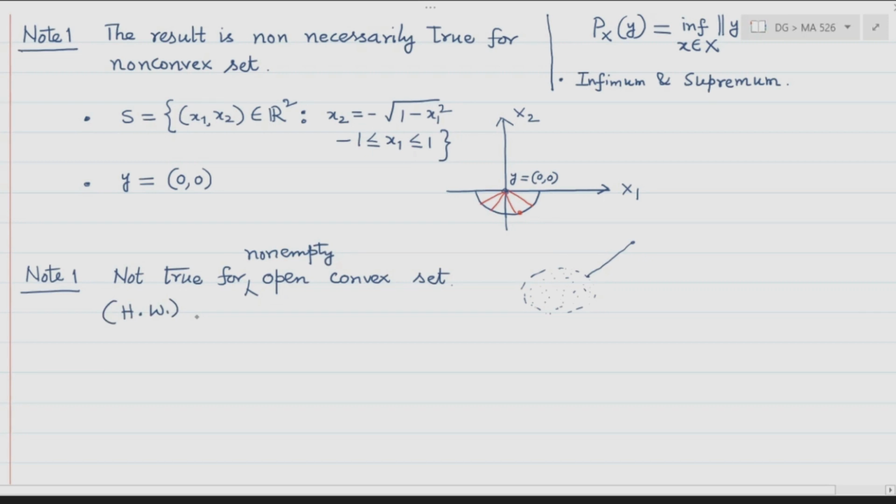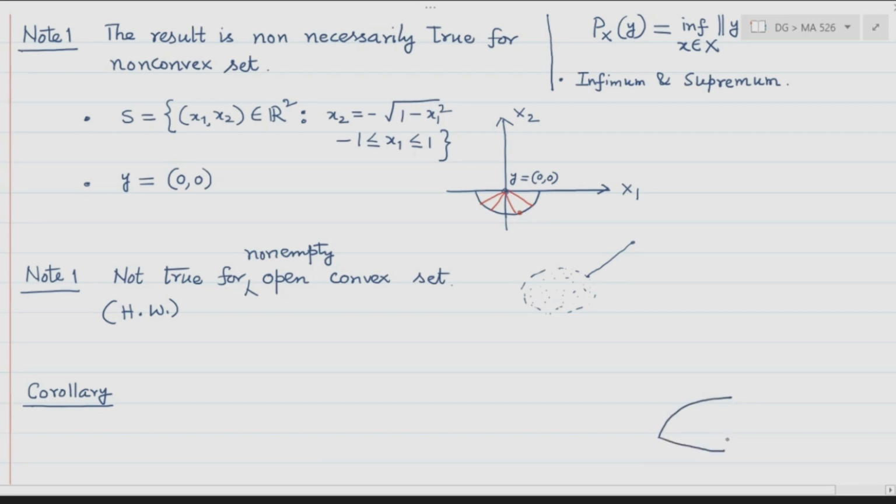Now let me move ahead to find the important corollary from this result. The corollary is, although I have detailed it, but let me mathematically detail it. The immediate corollary to the result is the following. The first corollary says that, let's suppose I have a closed convex set.